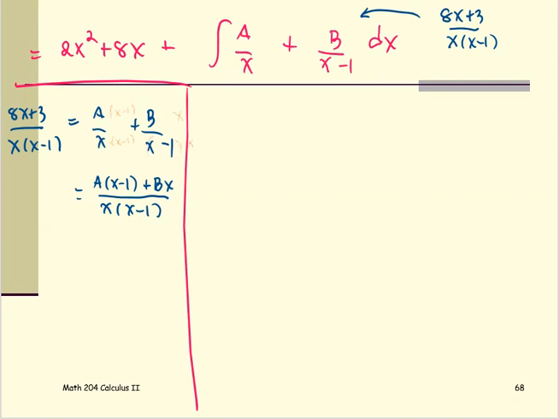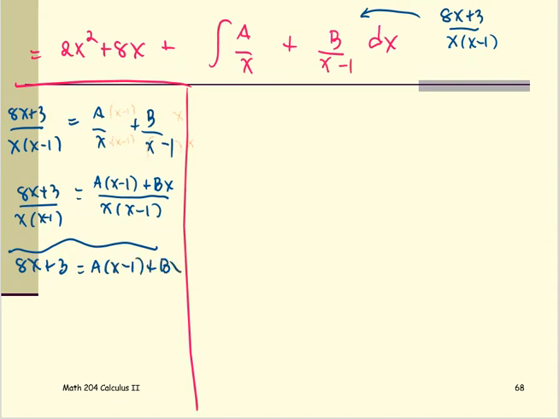And after that, I can see the left hand side numerator is equivalent to the right hand side numerator, which means I equate 8x plus 3 and a times x minus 1 plus bx. Okay, we ignore the denominator because both sides have the same denominator. Our goal is to find a and b for this process.